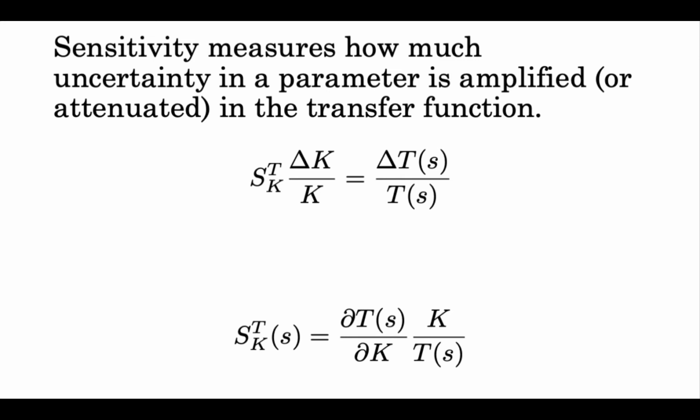So it's a little harder to think about this in terms of percentage, but it is still an uncertainty in the transfer function. And so what I would like to define sensitivity as is the scaling factor.